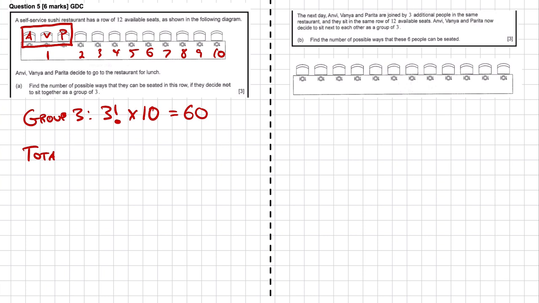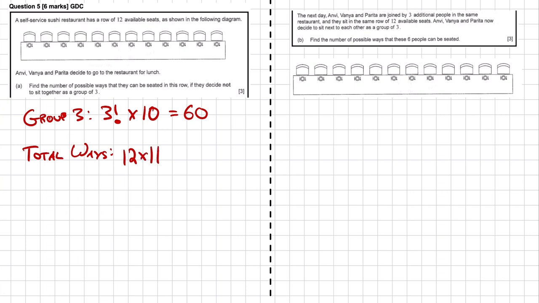So if we think about when Anvi goes to sit down, how many options does Anvi have? Anvi has 12 options for sitting down. Now, one of those seats is taken, so when Vanya goes to sit down, they're going to have 11.